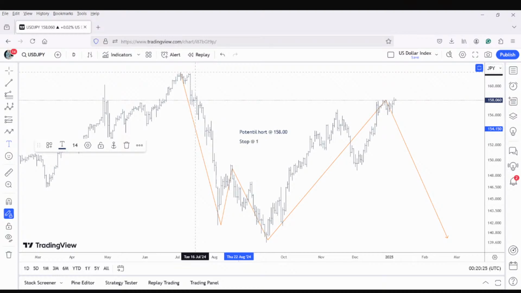And since we are focusing on a positional one here, the target, we will keep it open. And to be precise, we'll be targeting below 139. So there's no need to count the risk reward ratio. It's going to be super excellent for the dollar JPY.